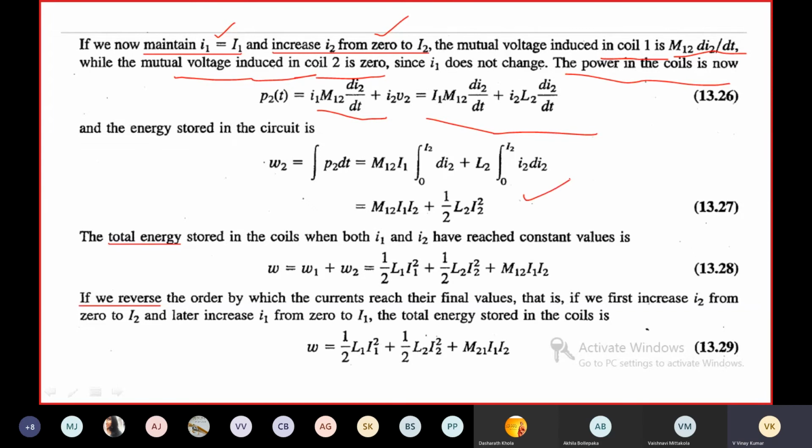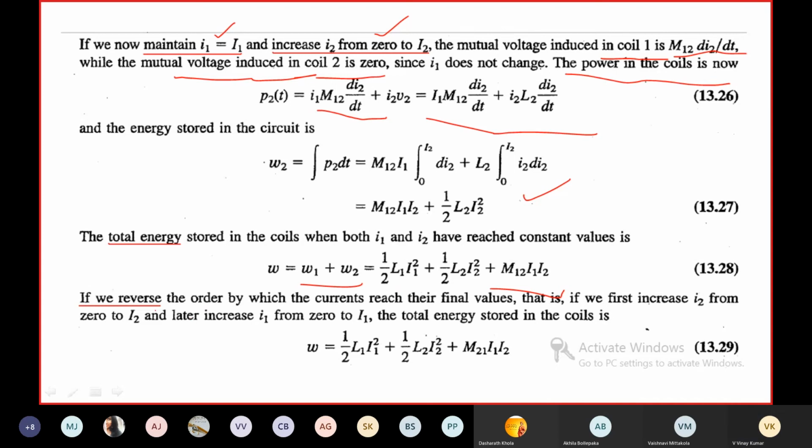From this you can calculate the energy: M12 I1 I2 plus half L2 I2 square. The total energy stored in the coils will be W1 plus W2, which is equal to half L1 I1 square plus half L2 I2 square plus M12 I1 I2.